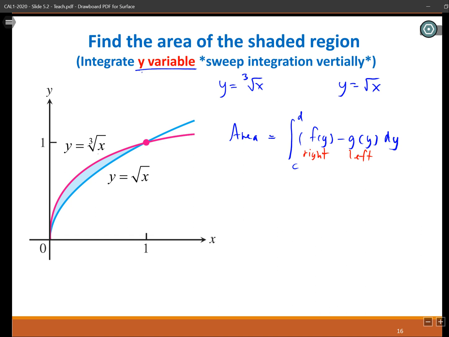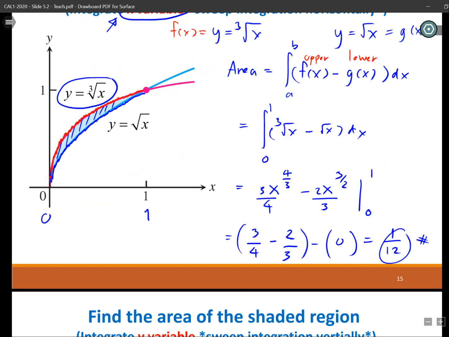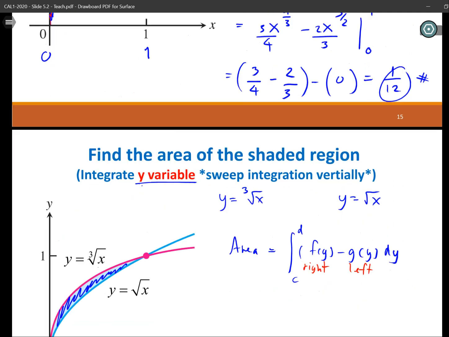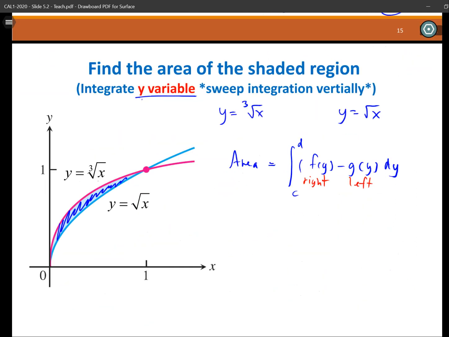Now you have to come back to this same region, but you have to look at this differently. We have this region, just like before. Before we can see that one is lower, one is upper. But in this case, we want to look at this horizontally.